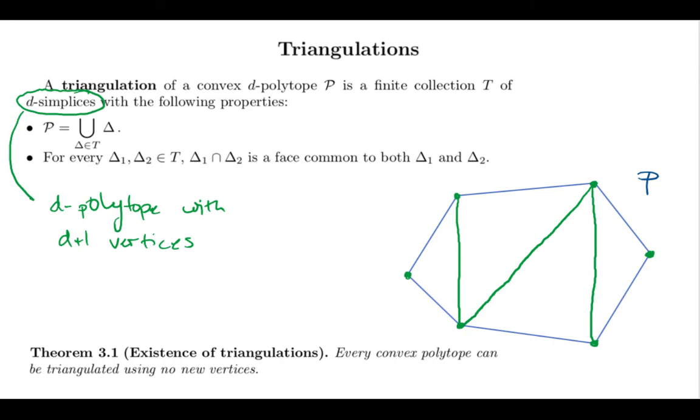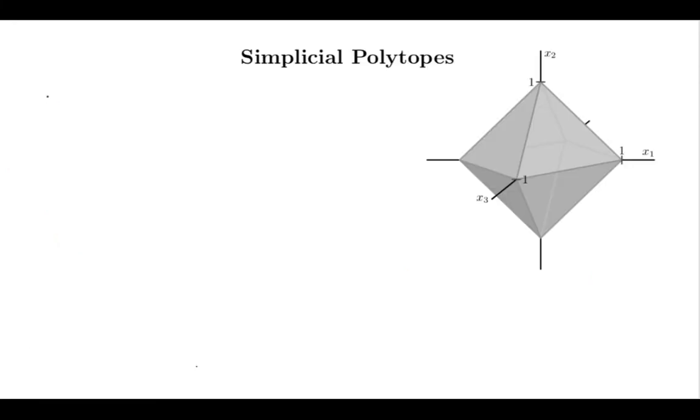My goal in this video is to give you sort of an overview of where this proof comes from. And to do that, I need to talk about simplicial polytopes.